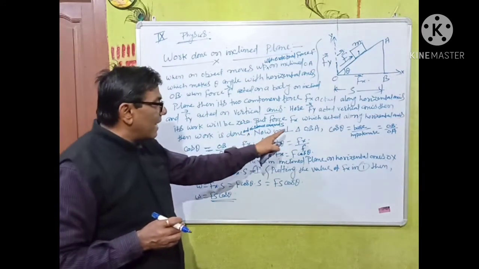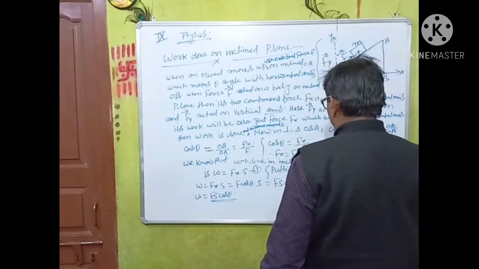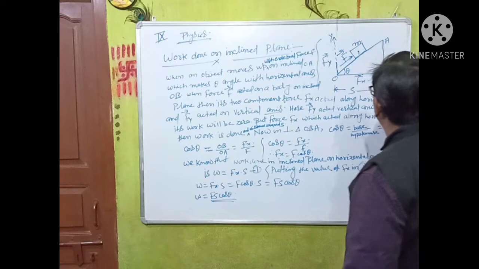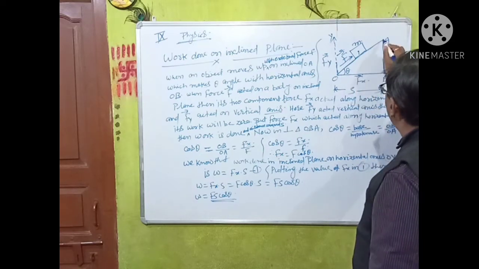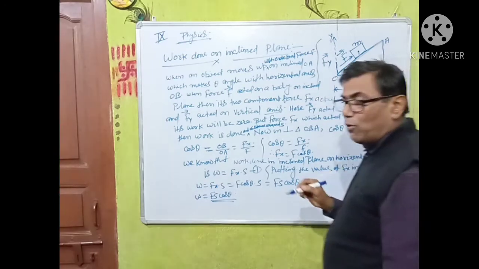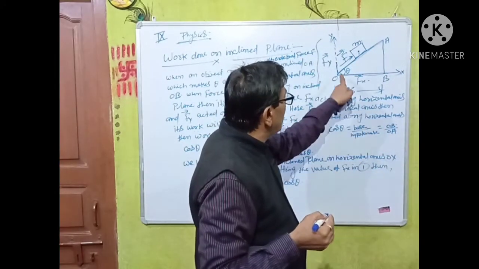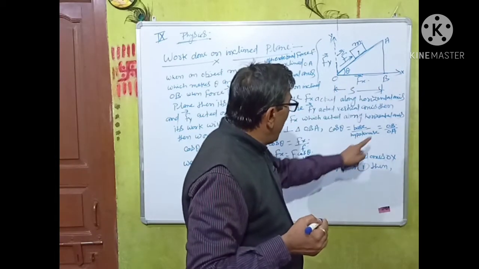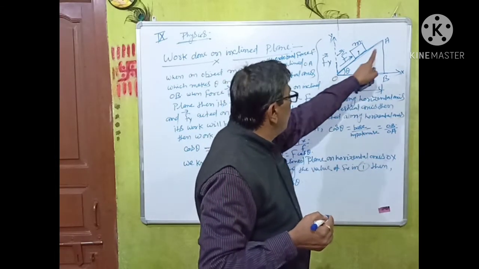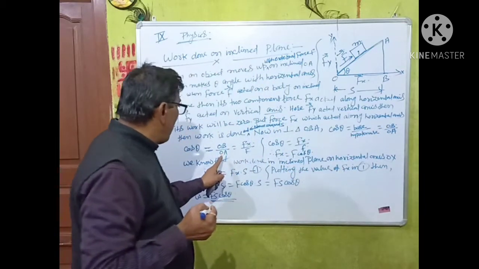Now in right angle triangle OBA, cos theta is equal to base by hypotenuse. The base represents OB and the hypotenuse represents OA. So cos theta is equal to OB by OA.